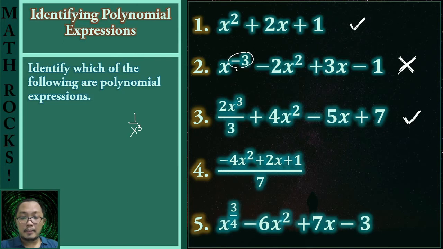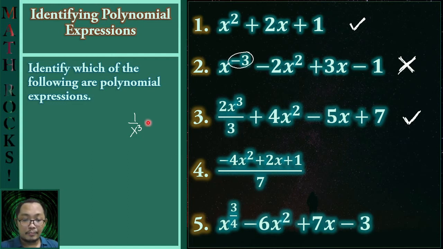So that means this expression here is basically the same with this one, which implies that there should not be an exponent in the denominator. But in this case, you will notice that our denominator only contains a constant. So for as long as the denominator doesn't contain any variable, this will be a polynomial expression.